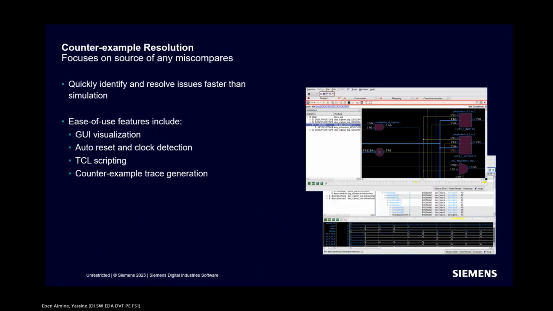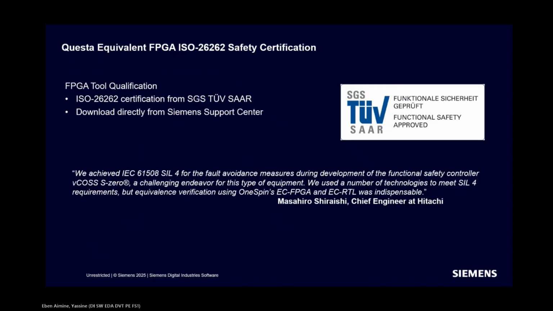If we find that the designs aren't equivalent, then of course you'd expect us to give you a waveform-like counterexample, and that's exactly what we do. The same as with simulation, we can take a reference design, a golden design, and the implementation or revised version, and we can tell you this is the difference between the two. There is schematic support as well, so we can highlight where in the schematic the difference is.